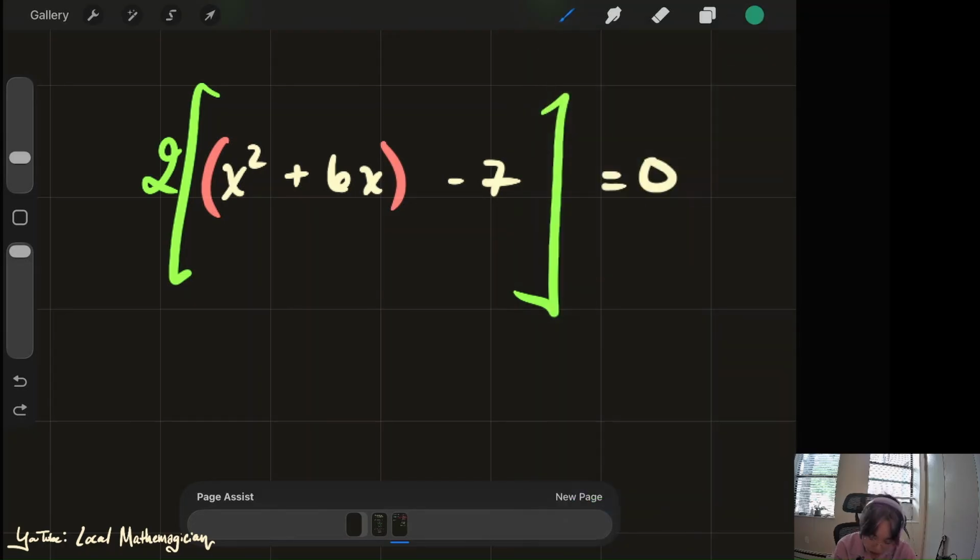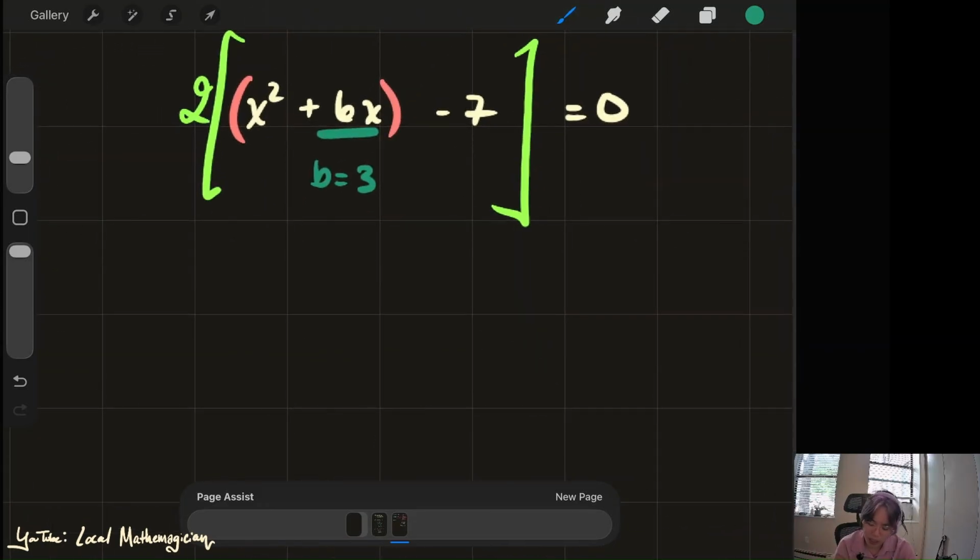We want that guy to be 2bx, because it's x squared plus 2bx plus b squared, which is reminiscent of a squared plus 2ab plus b squared. You know that b must equal 3. If you're not sure how I got there, review our last video. If b is equal to 3, then b squared is equal to 9.